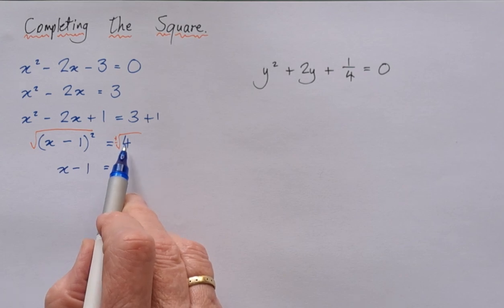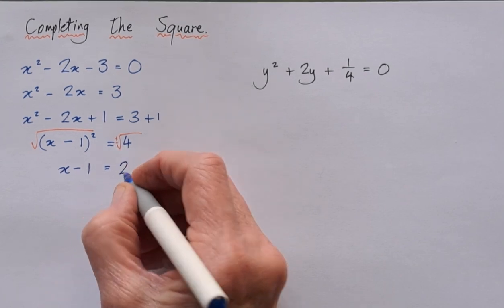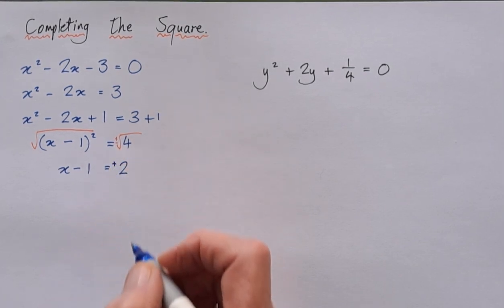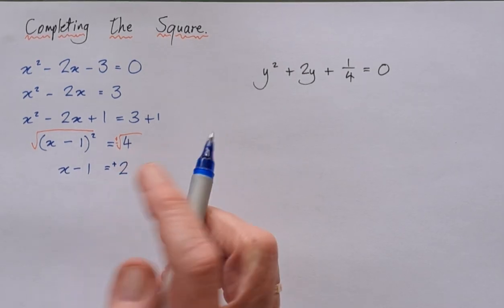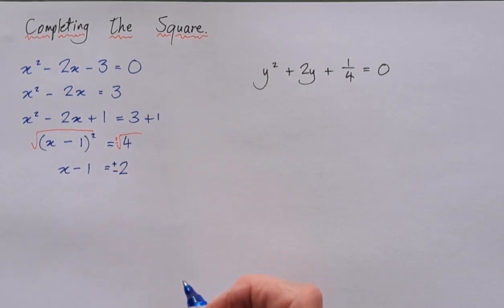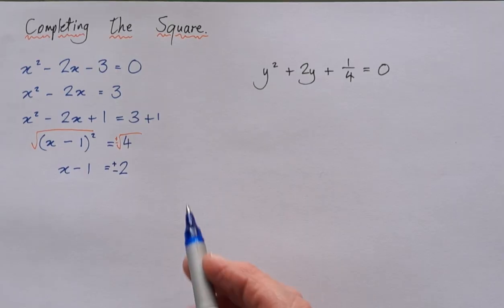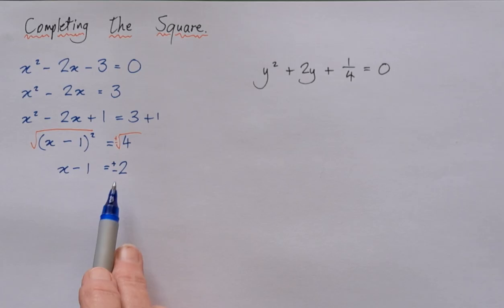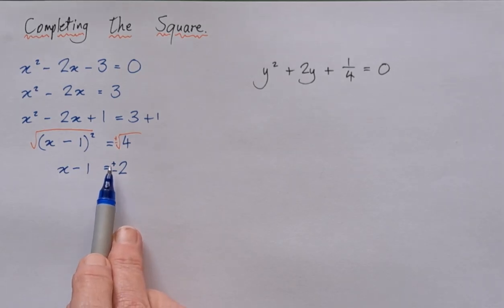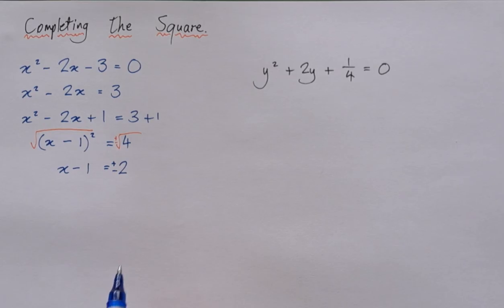And the square root of 4 is 2, but I have to consider that positive 2 is the square root of 4 because 2 times 2 can give me 4. But negative 2 is also the answer to the square root of 4 because negative 2 times negative 2 would also give me 4. So it's very important that you remember both those possibilities, otherwise you're not going to get your second answer.